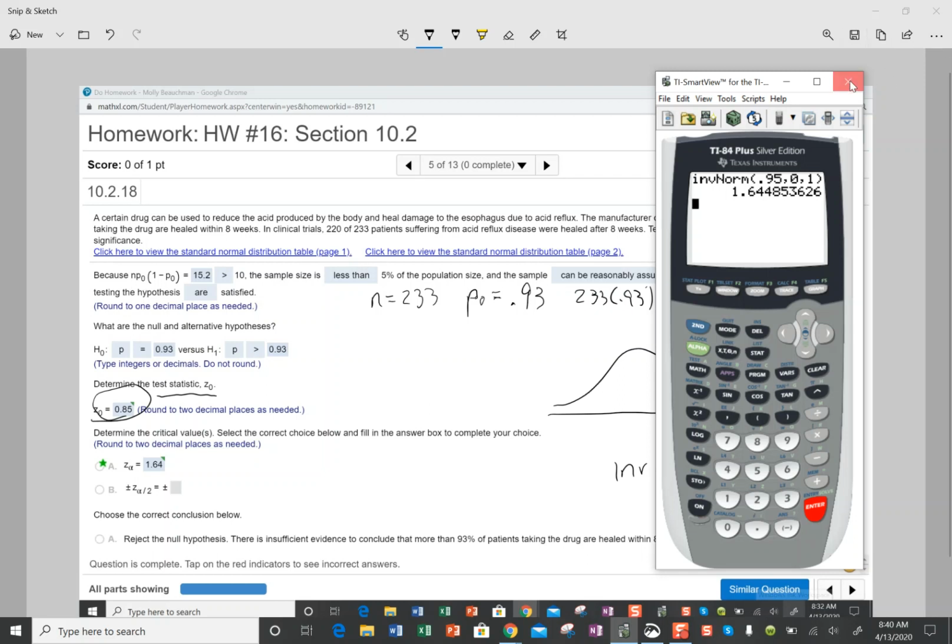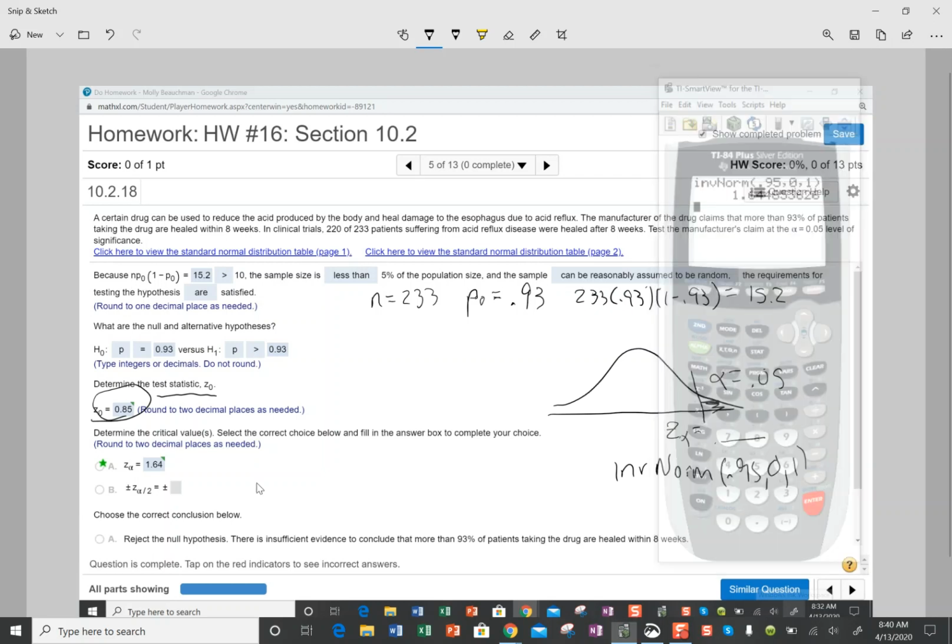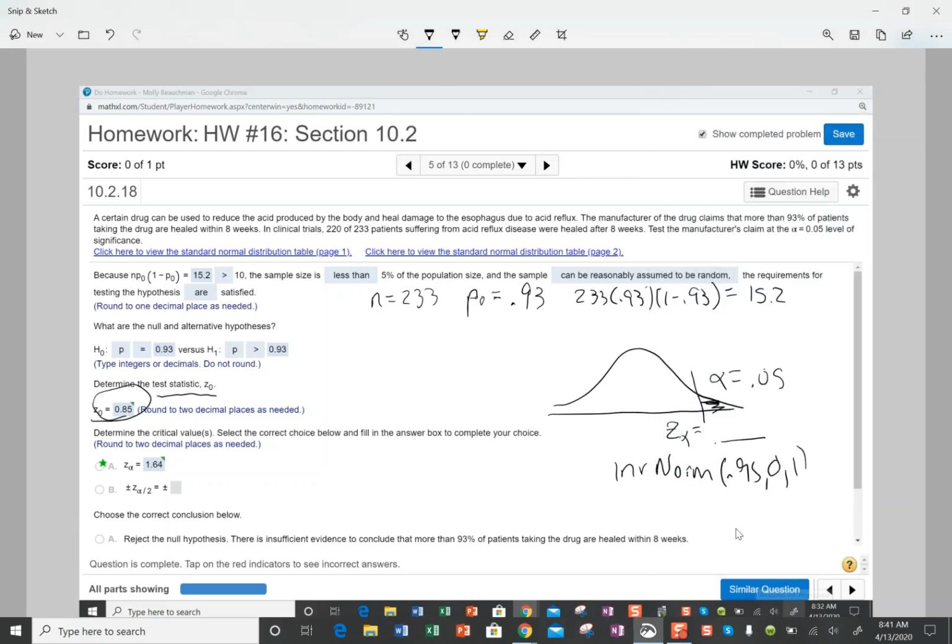The last part of the question is choosing the correct conclusion. The conclusion is fail to reject. What that means is our value from our sample landed here. Our cutoff for significance was at 0.05 here. So we didn't make it that far. It's not far enough away from 0.93 to call it unusual.